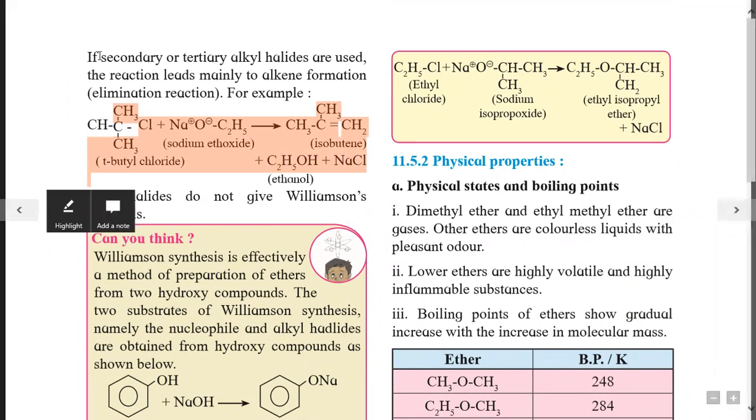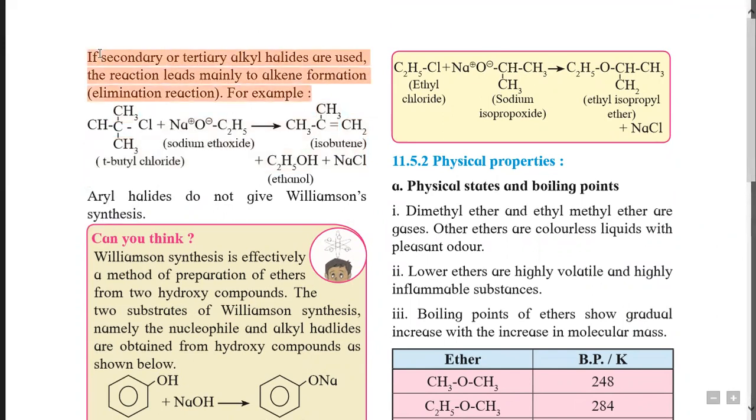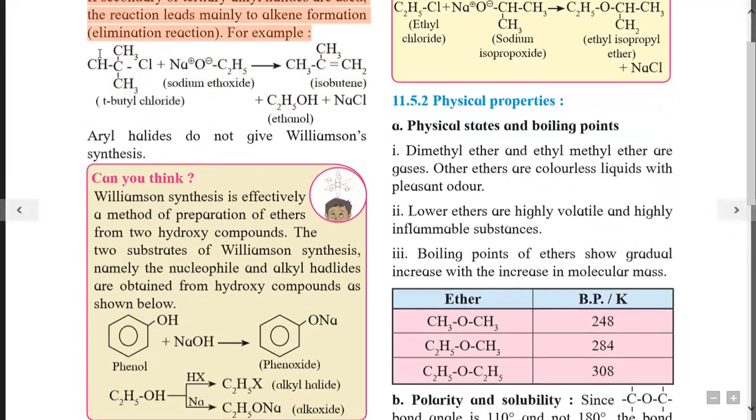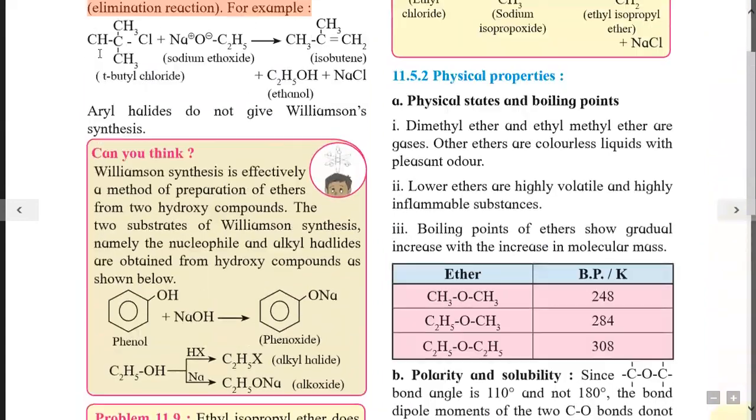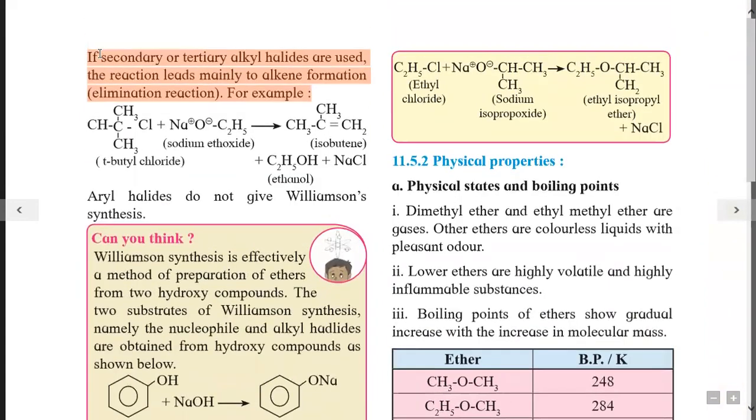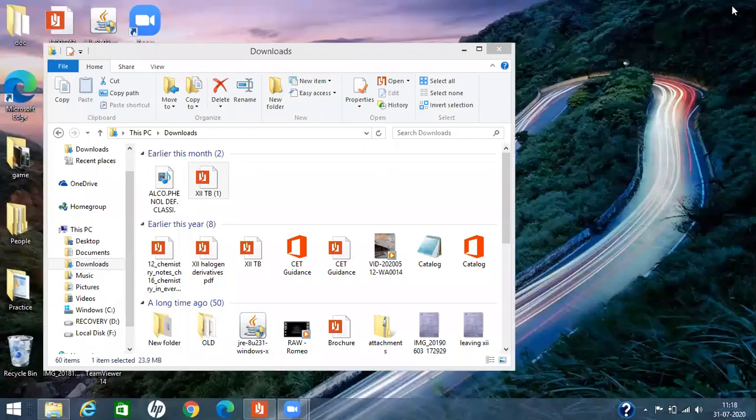So if secondary or tertiary alkyl halides are used, then it leads mainly to alkene formation, that is, the elimination reaction takes place. So to avoid this elimination reaction in Williamson's synthesis, the alkyl halide must be primary and not tertiary. So that is about the preparation methods of ether.